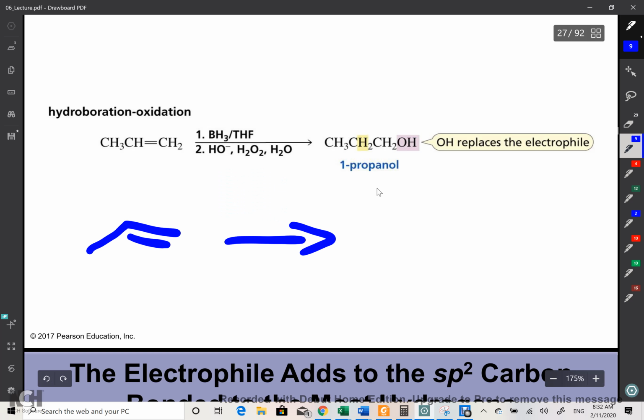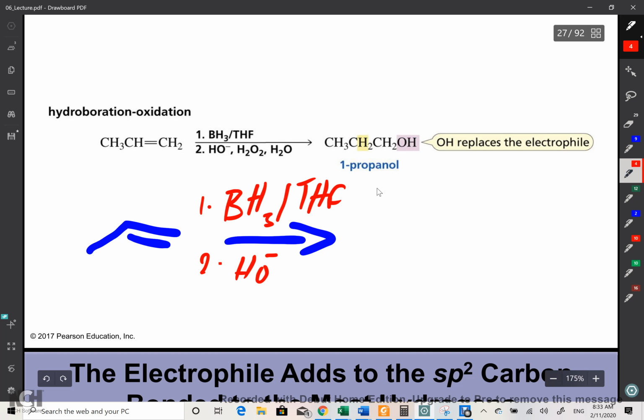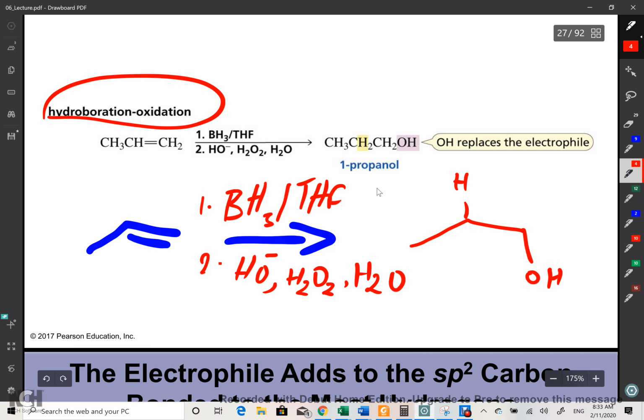This kind of reaction is called hydroboration. All I need from you guys is to understand that hydroboration leads to the addition of an OH and an H onto the double bond.